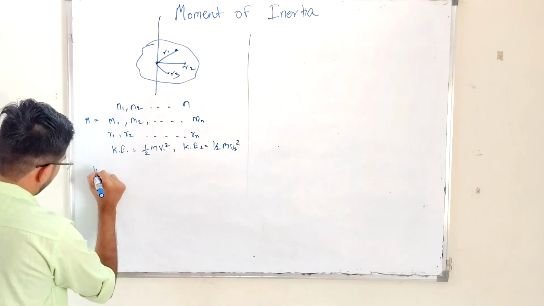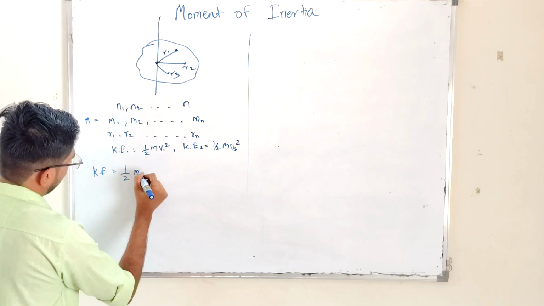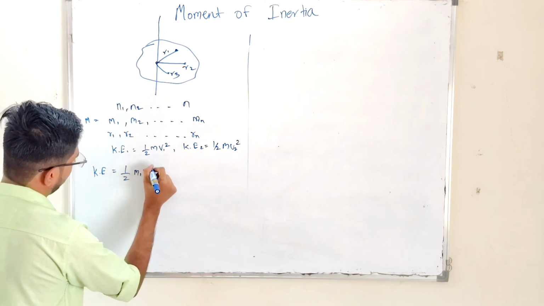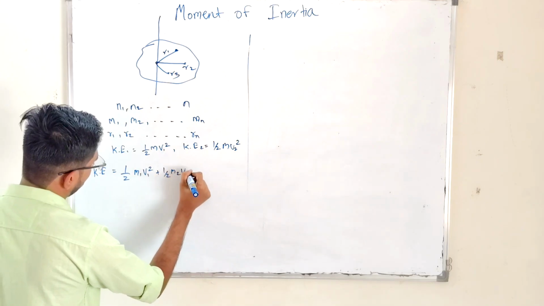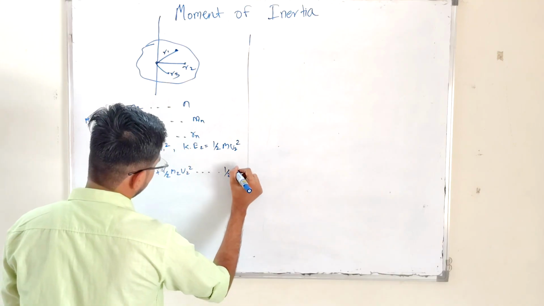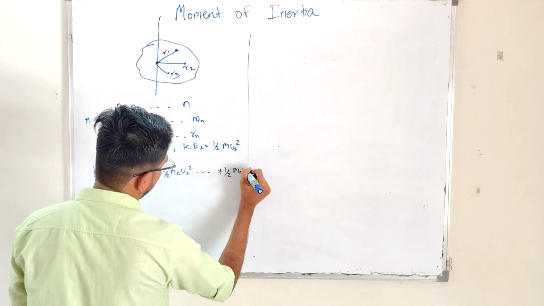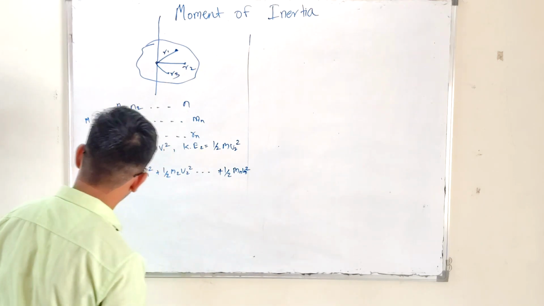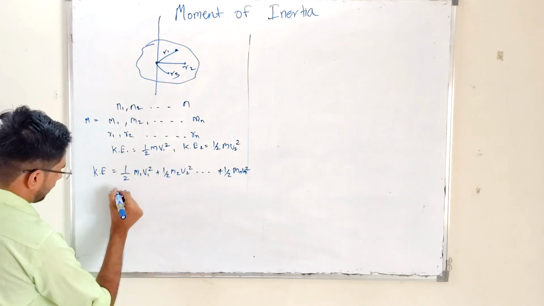So your kinetic energy will be half m1 v1 square plus half m2 v2 square up to half mn vn square.